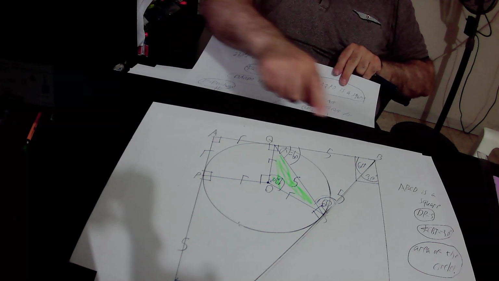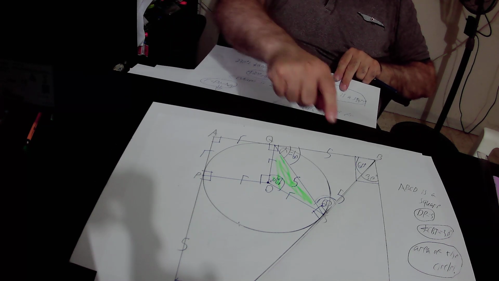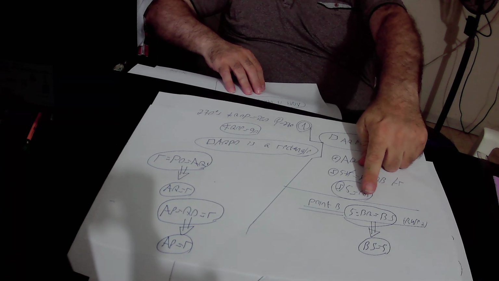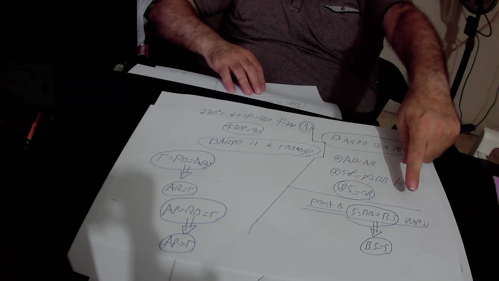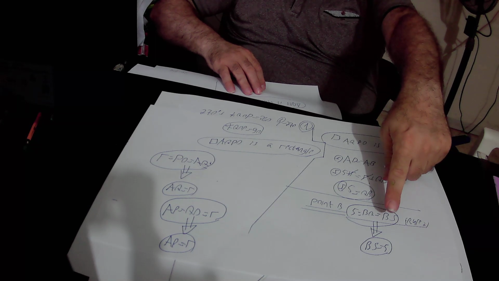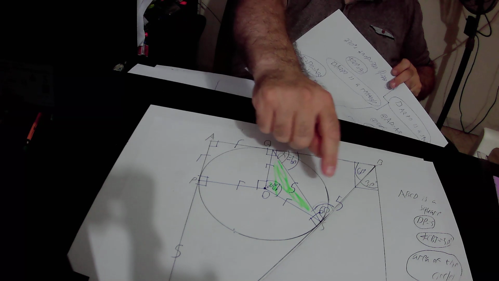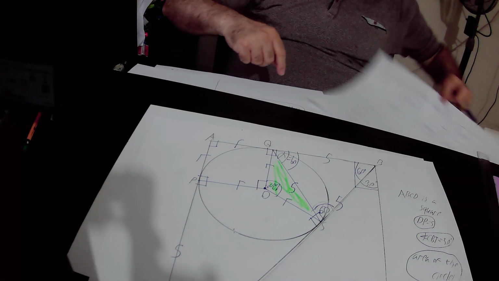But we have already found out that BQ equals 5 units. From the equation 5 equals BQ equals BS, we derive that BS is also equal to 5 units.